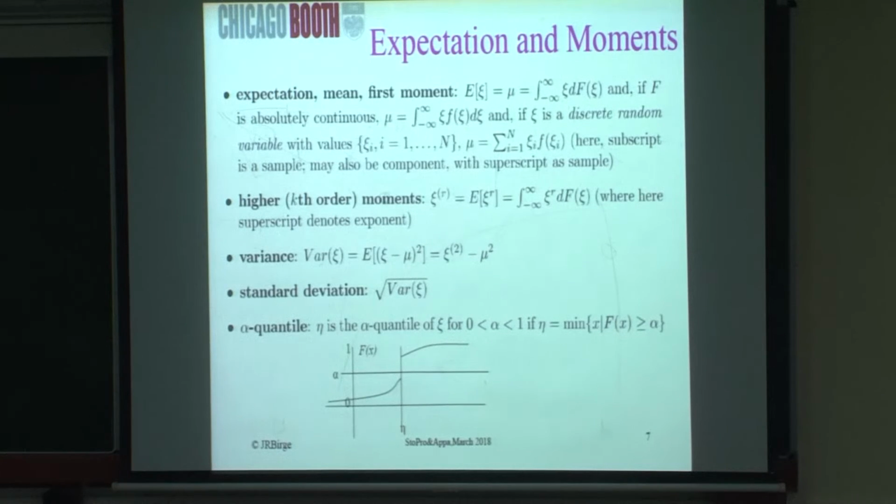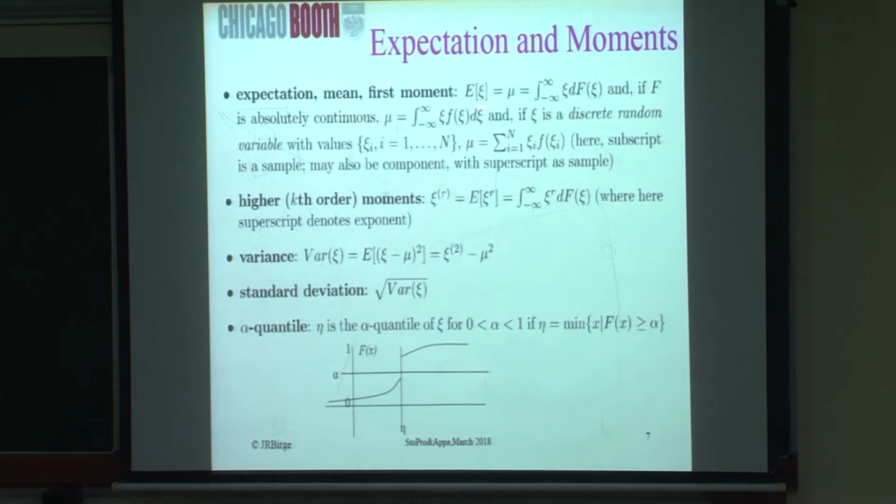Okay, so let's talk about expectations. Of course, the mean is the first moment. That's the expected value. This is for a random variable, so I'll take a random variable c, and I can write its expectation. Here the function of c is just c itself.